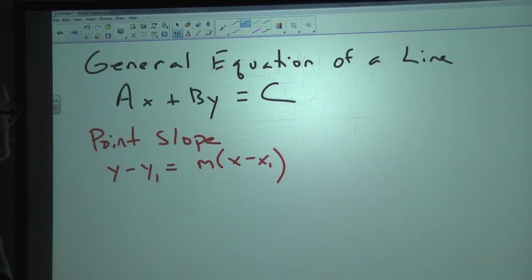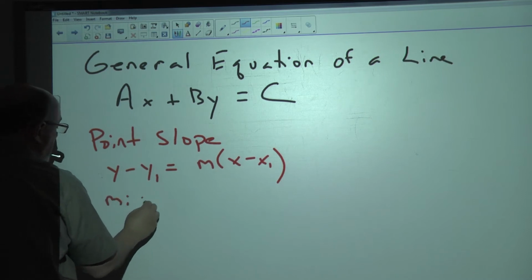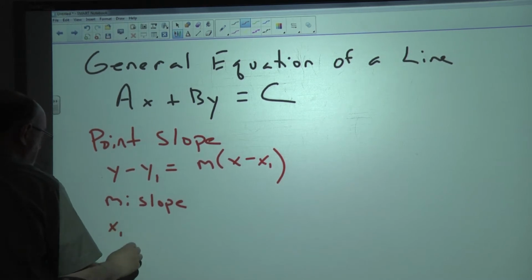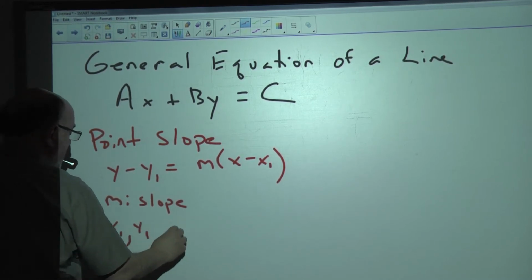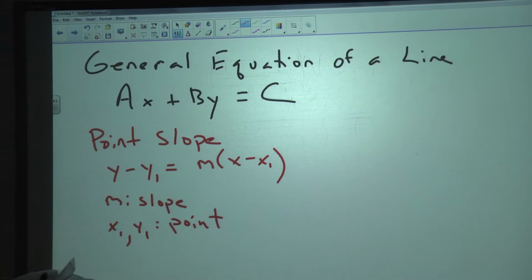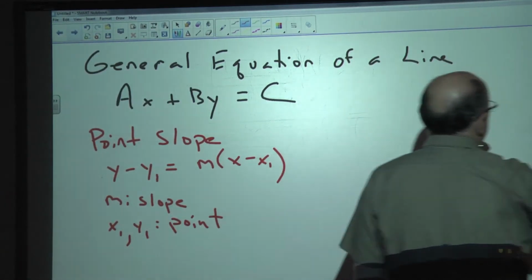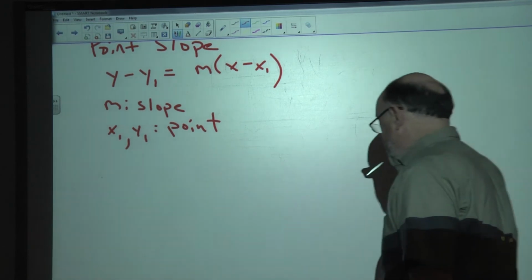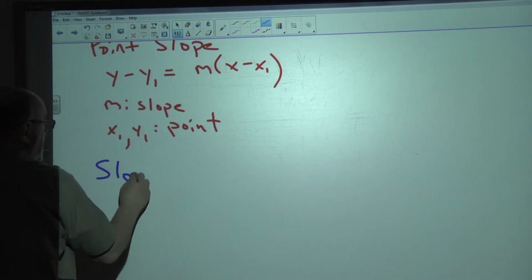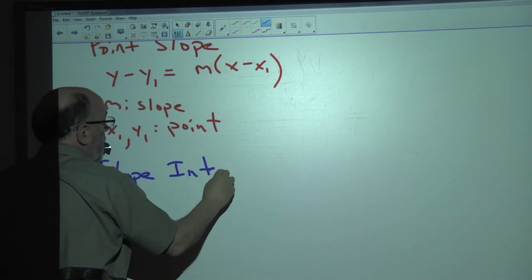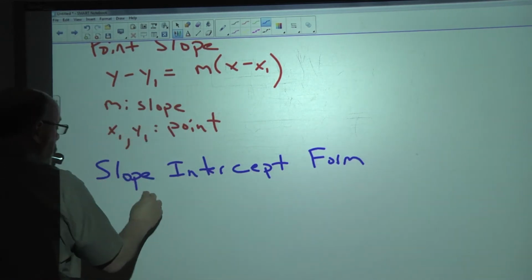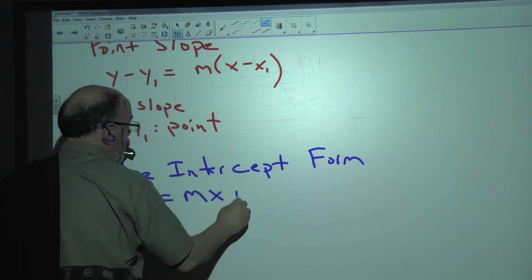When the equation is in this form, m represents the slope, and x1, y1 represents the point. The third way we can write out our equation of a line is slope-intercept form, which is y equals mx plus b.